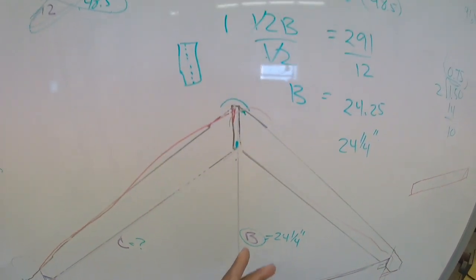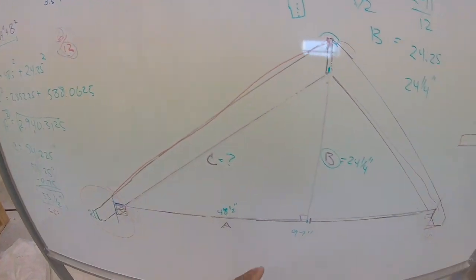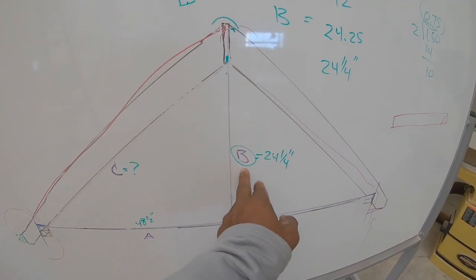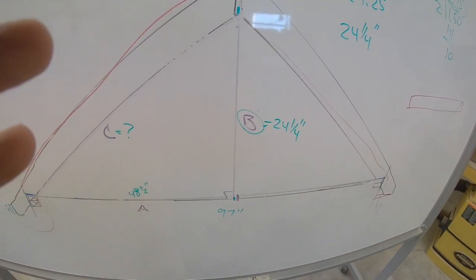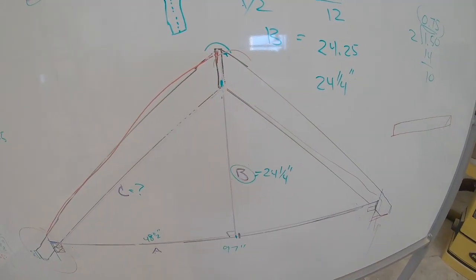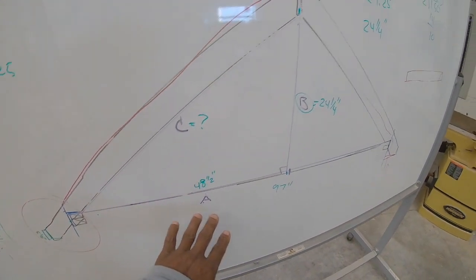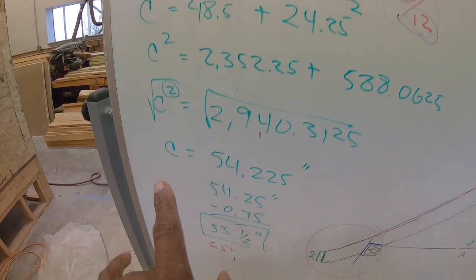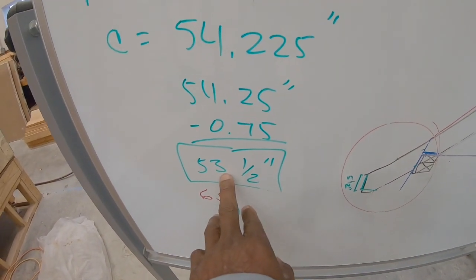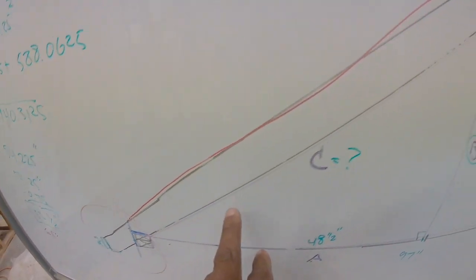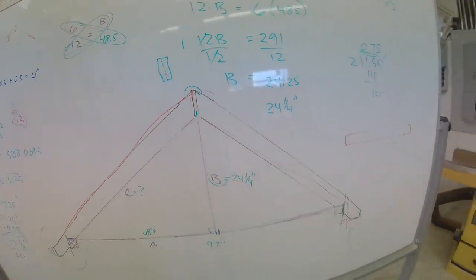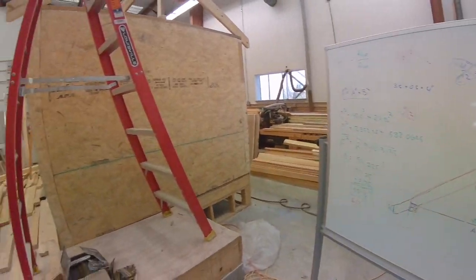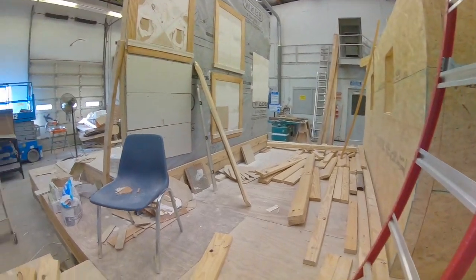If you have the proportions with the sloped roof that you're going to use, you can use proportions to find the total height. If you know the run and the height, you can use the Pythagorean theorem. Boom, and you can find the length of that rafter. So these calculations were critical. There's mathematics involved in that.